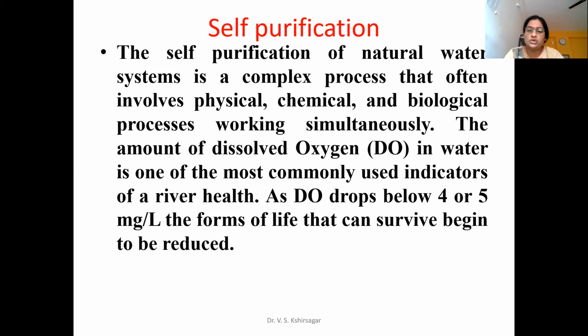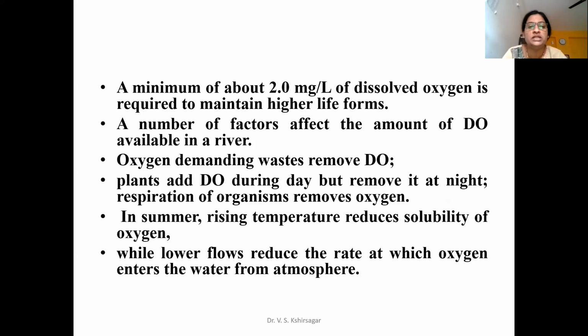So usually for any water body, if aquatic plants and aquatic animals are to survive, there is a requirement of 4 to 5 milligram per liter DO, and the maximum, or saturation level, of dissolved oxygen is between 14 to 15 milligram per liter in any water body.